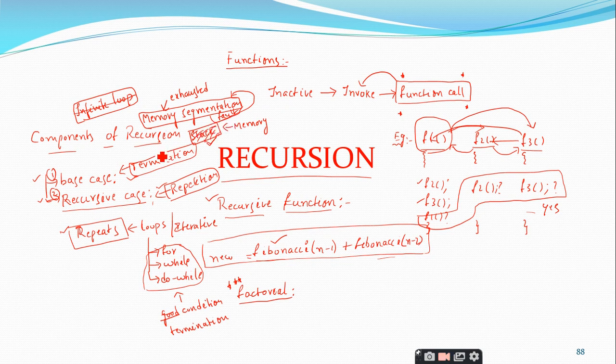So this is all about the components of recursion, and here you have come across a new concept: there is some relationship between loops and recursion. Therefore there is a need to discuss the differences between loops and recursion.